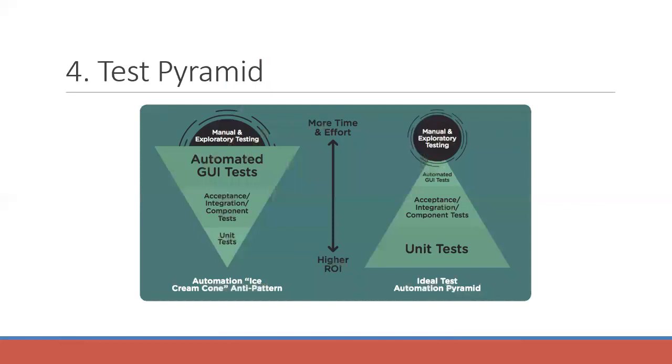Have you guys heard about the test pyramid concept? Yeah, some of you. This is what they call the ideal pattern. There are some different permutations, but I don't want to talk about that. For an ideal world, this would be the pattern, and this is the anti-pattern.